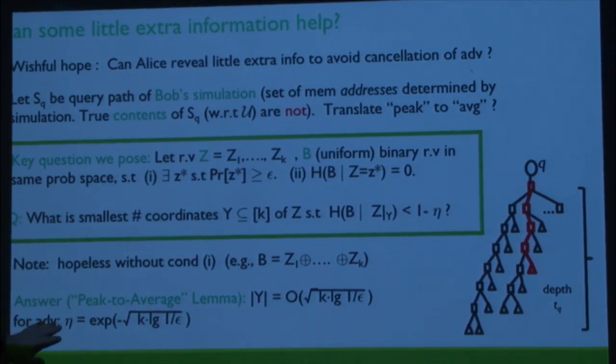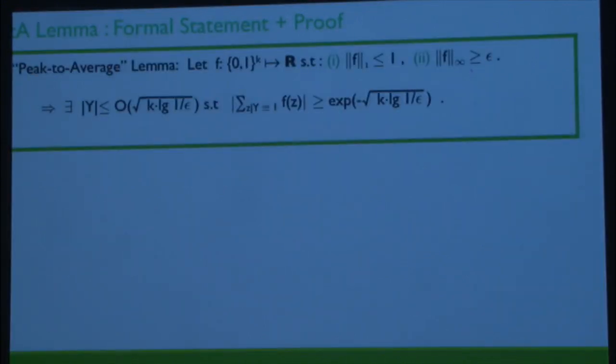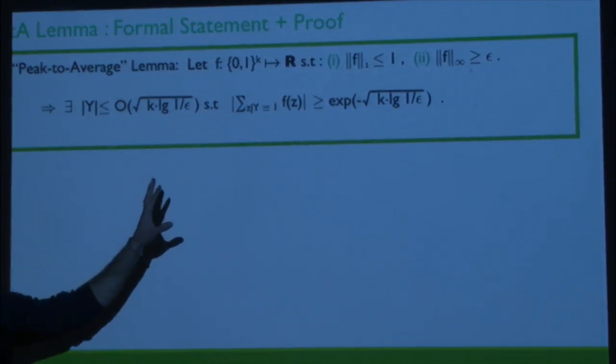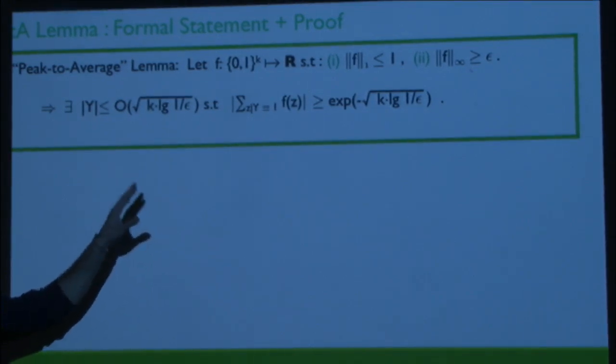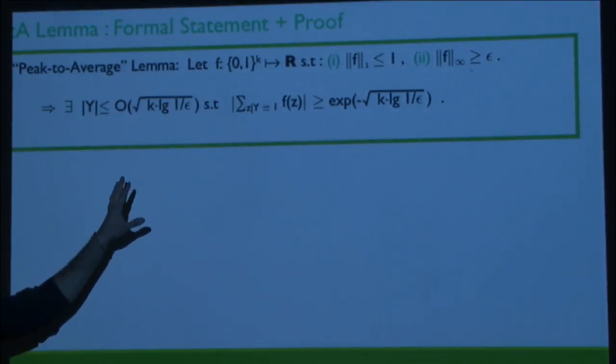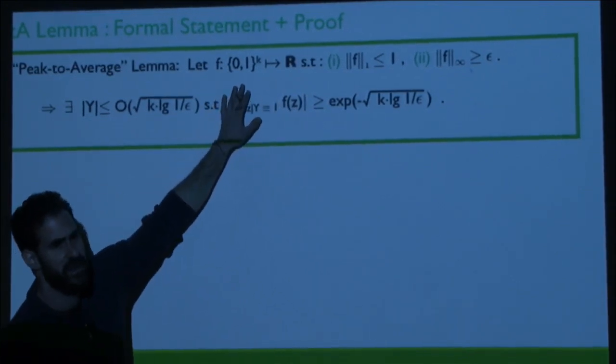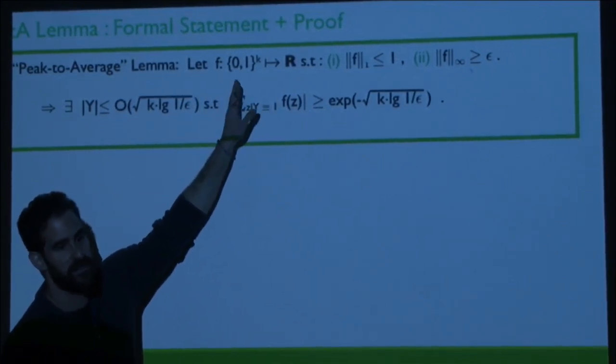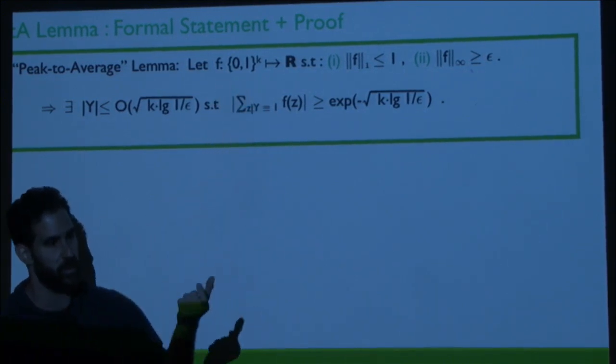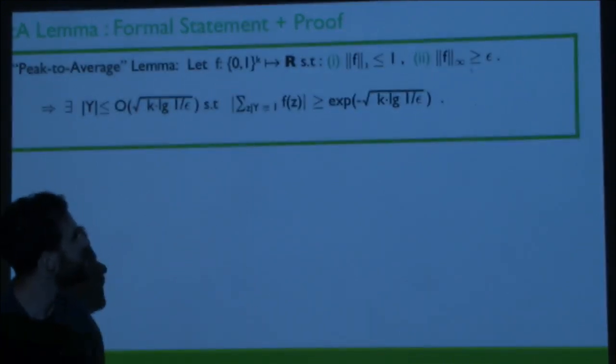So let me just tell you how you prove this. I just want to make sure that you understand the lemma is tight in the strongest possible sense. So here's the formulation we actually prove, and I can show you why it's equivalent. It's functional analytic or algebraic, essentially equivalent. We show that if you have a function, suppose on k-bit strings, in our case the alphabet will be the word size, but it's the same.